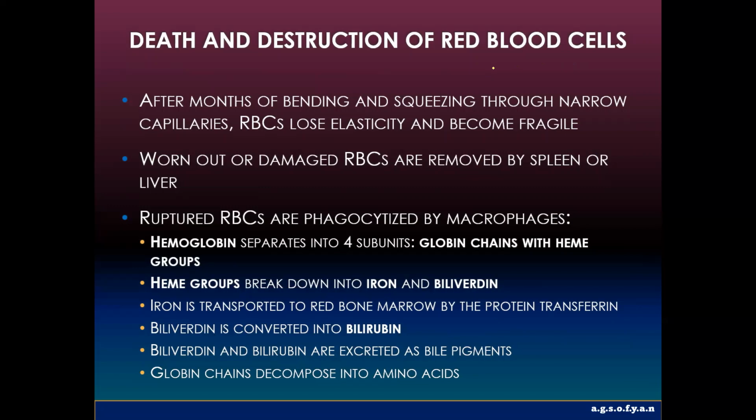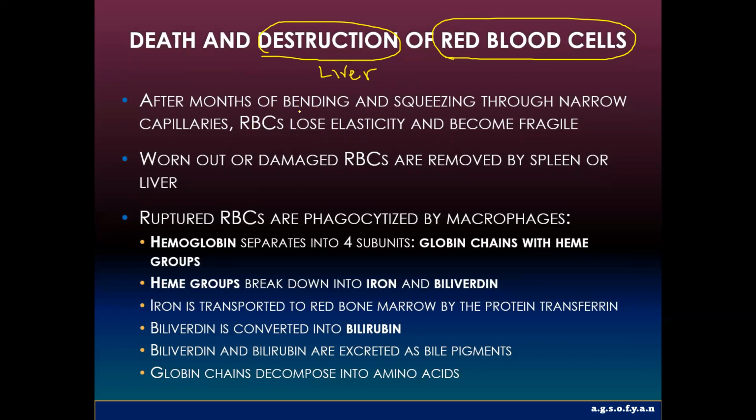Remember, the production of red blood cells is in the red bone marrow, which is in the bone, right? Destruction of red blood cells is actually happening in the liver. So the liver is the place for destroying the old red blood cells.